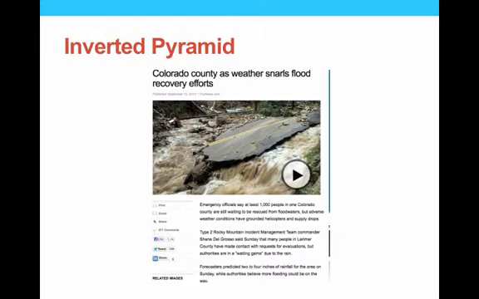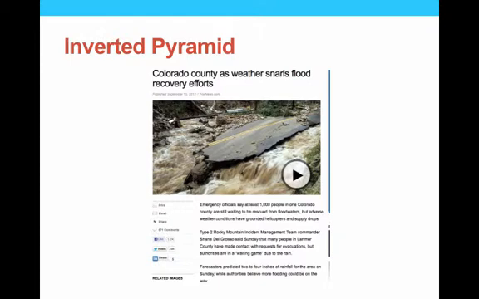So here there is an example of flooding in Colorado. And you'll see that the first sentence, the summary lead, reads, "Emergency officials say at least 1,000 people in one Colorado county are still waiting to be rescued from floodwaters, but adverse weather conditions have grounded helicopters and supply drops."